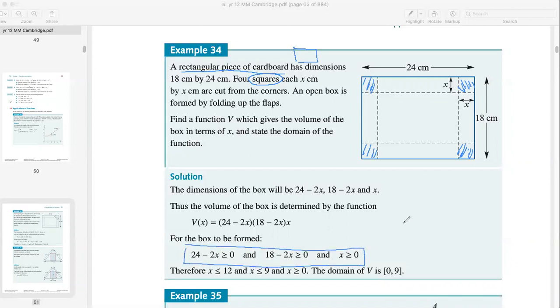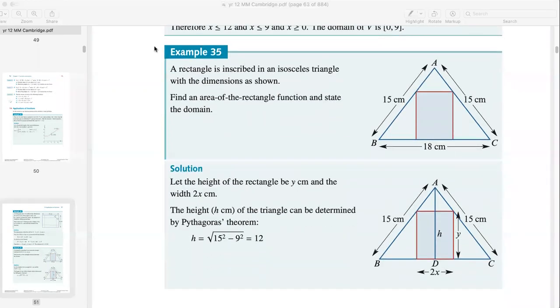Of course we can call this the domain, but more precisely the practical domain, because if x is less than 0, or any of these three lengths are less than 0, it does not make sense, because we cannot have negative length in real life, okay? This is important because once you have this, we get the domain of our volume as well, okay? And let's keep going.